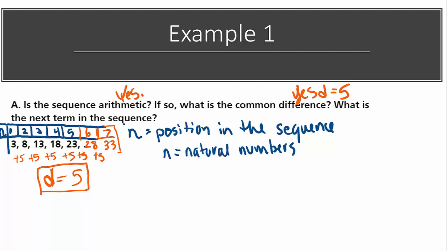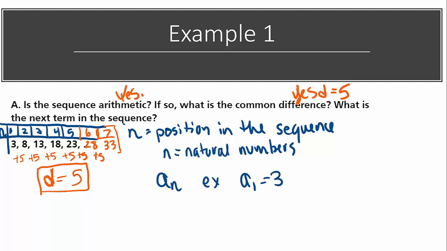Now I want to show you one way that you could actually see that written. We use A values to identify the value of the term and a little subscript to identify which position in the sequence it is. So for example, A sub 1 is equal to 3.